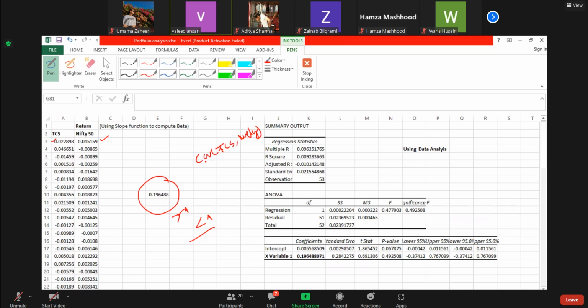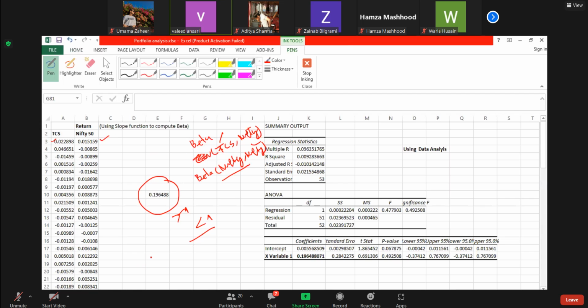This is beta, we have calculated it. This is the dependent variable, this is the independent variable. If you are asked to find the beta of Nifty with Nifty, it will by default be 1. Let us verify this.